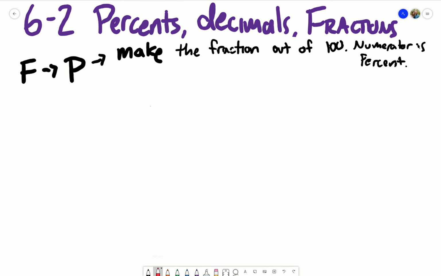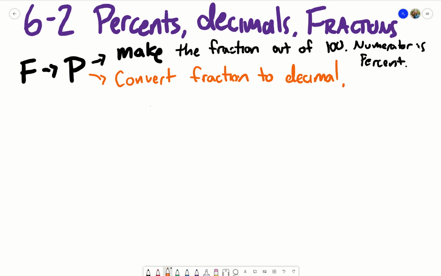So the second method I have here, the second way I can do fractions to percents, is convert fraction to decimal, convert decimal to percent.